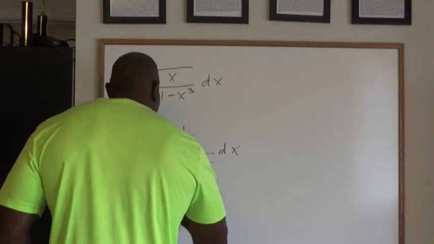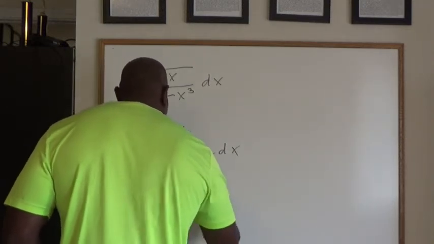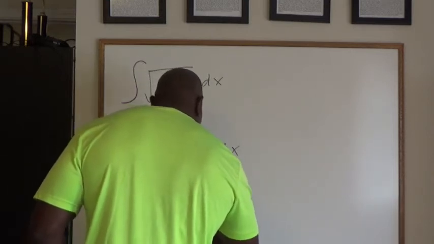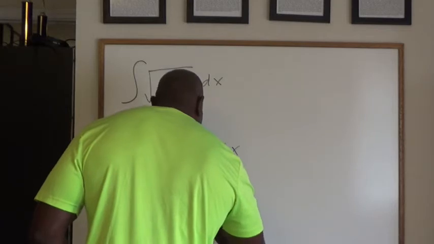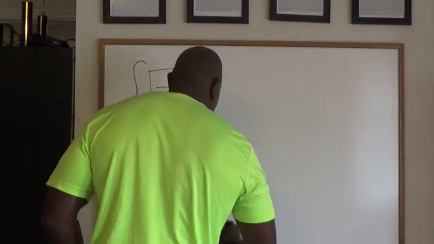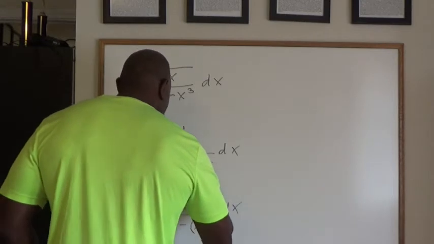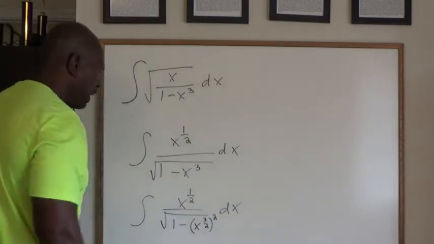So it's the integral of 1 over the square root of 1 minus x to the power of 3 over 2 squared, with x to the 1/2 on top.